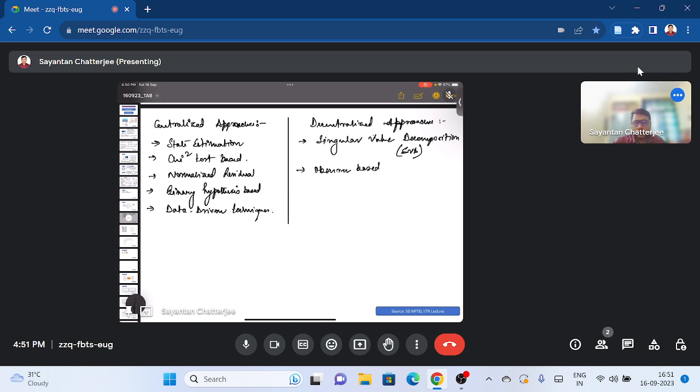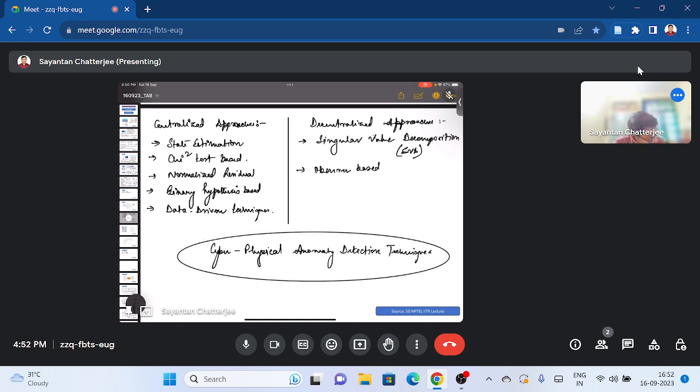These are some control strategies, and these are mainly cyber physical anomaly detection techniques.